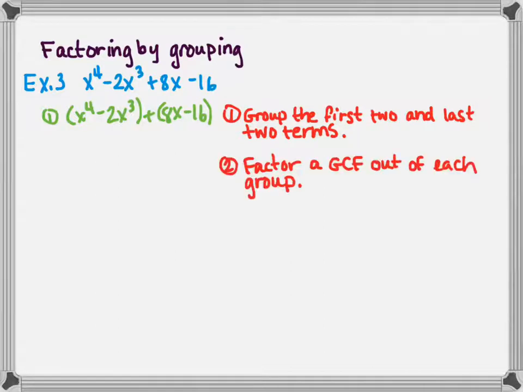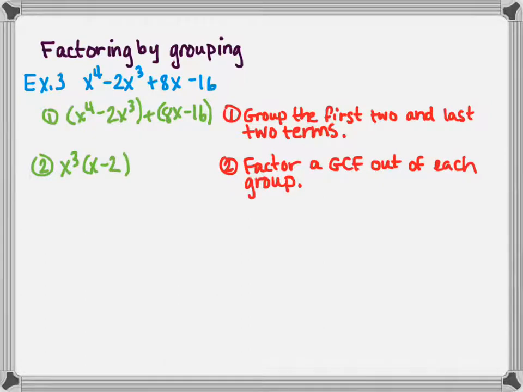So then we will factor our greatest common factor out of each of the groupings. So in my first grouping, what can I factor out of both x to the 4th and 2x cubed? They both have an x, and the lowest exponent is 3, so I can factor out an x cubed. And that means I will have still in parentheses, x to the 4th divided by x cubed gives me x, minus 2x cubed divided by x cubed gave me the minus 2.